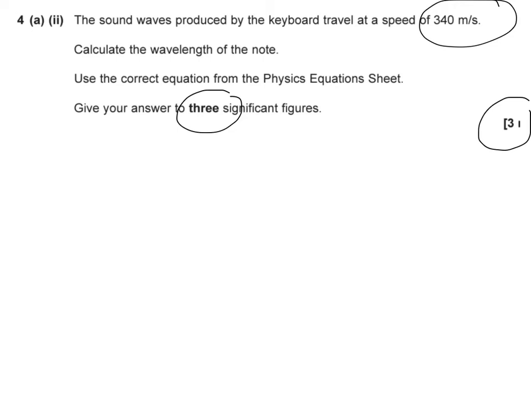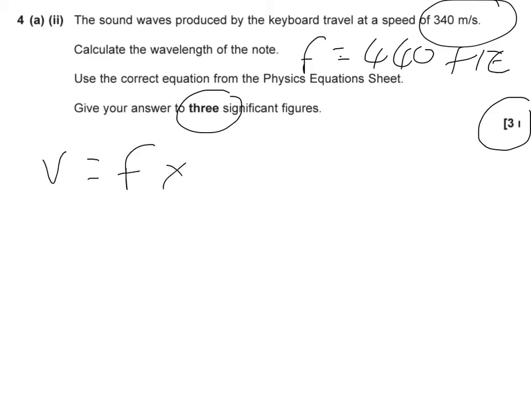Now the next bit is to correctly choose the correct equation. So I'm going to write in some information from earlier. We knew that the frequency from the last question was 440 Hz. Now you need to use your equation sheet to find an equation that links wave speed, wavelength and frequency. And you should get that v equals f times lambda. So we'll write that down. Now let's stick the numbers in.